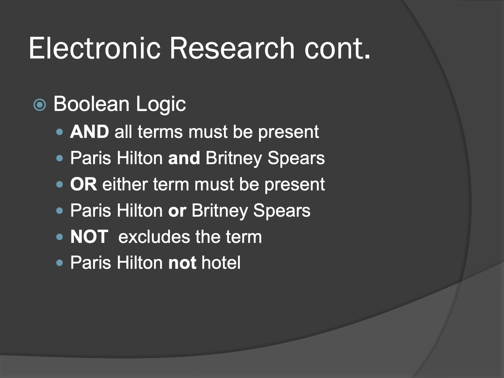So if I say Paris Hilton and Britney Spears, both Paris Hilton and Britney Spears must be mentioned on that web page in order for it to come back in your results. If you say or, then it could be either Paris Hilton or Britney Spears, plus what you had before. If it's got Paris Hilton and Britney Spears on it, it'll come back. So you get a lot more results with or than you will with and.